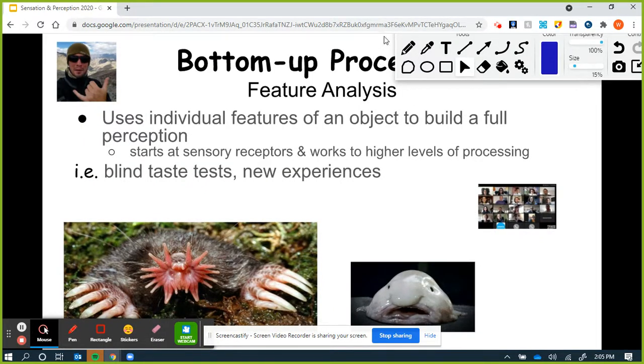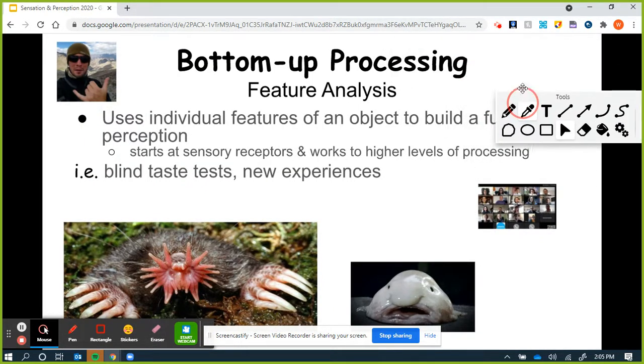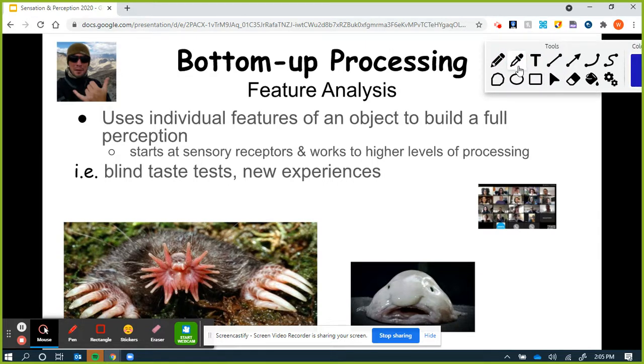So, we're going to start off talking about information coming in, and then we'll talk about how we perceive it. All right, bottom-up processing, or what is also referred to as feature analysis.